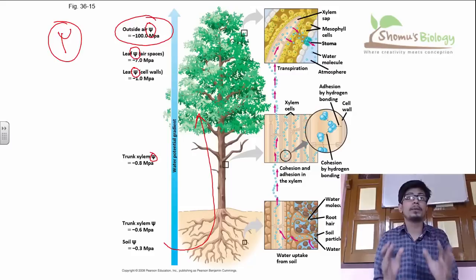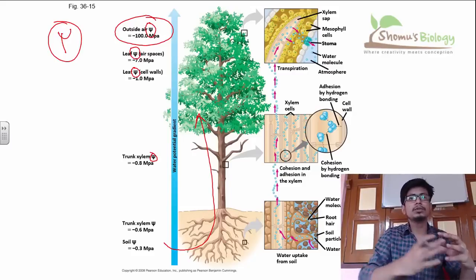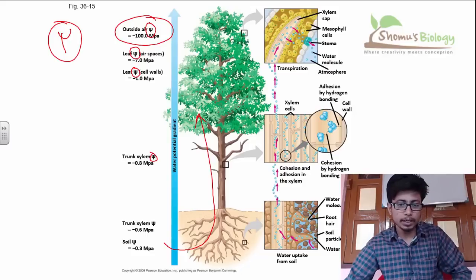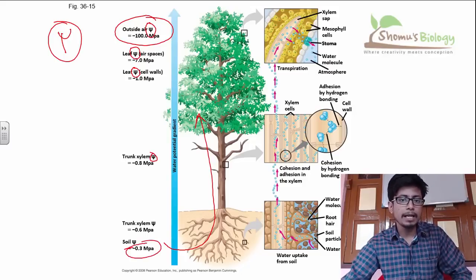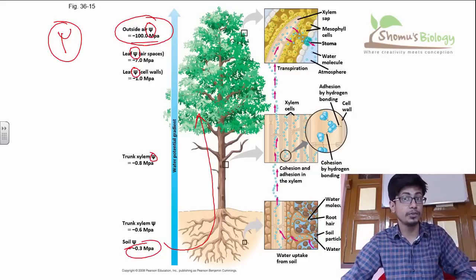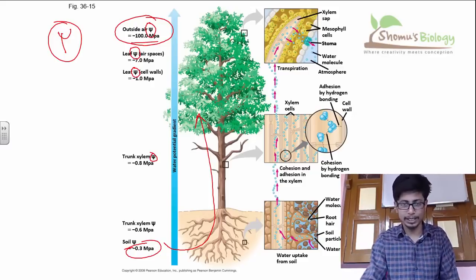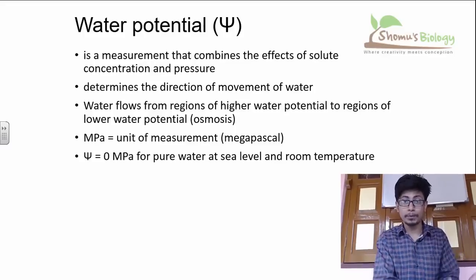The idea about water potential is that water will flow from higher potential to lower potential. See, the water potential at the root is minus 0.03, while the water potential at the plant leaf is minus 100. So it moves from the high to the low range. So what is water potential?